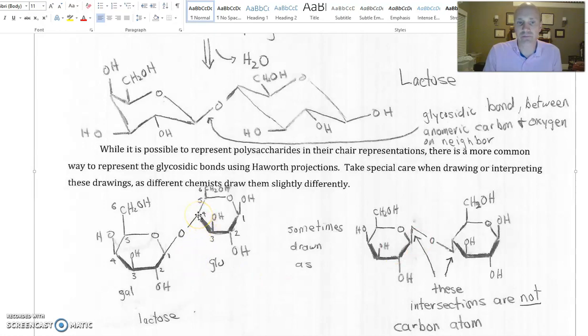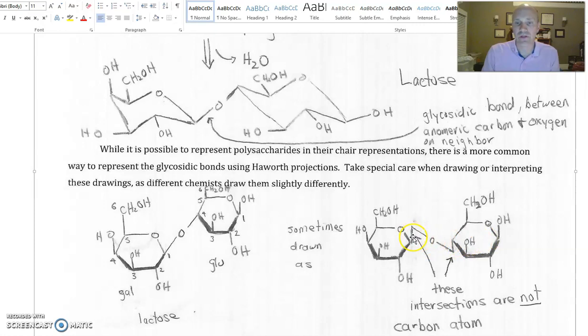Here I want to show the bond going down from this monosaccharide, so I'm showing this going down, and then this zigzag going back up to the oxygen. The reason for doing this is that if I have to draw a lot of these in a row, I can draw all of these monosaccharides at the same level on the piece of paper.